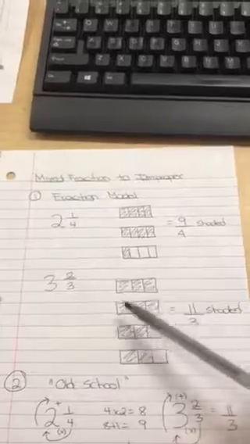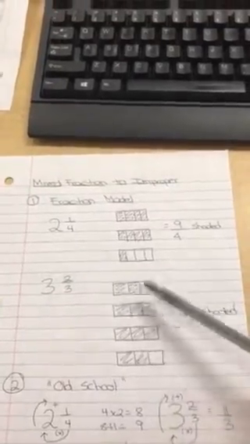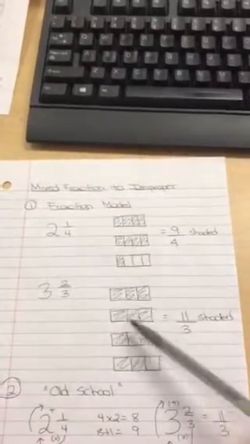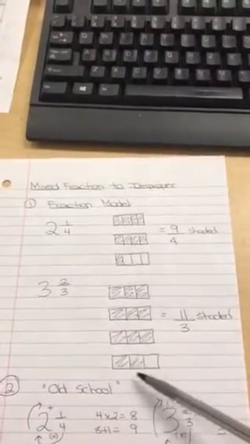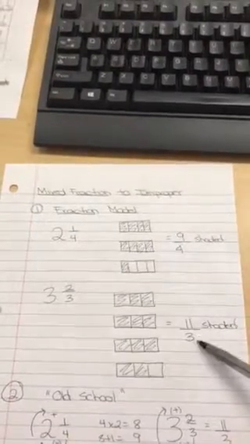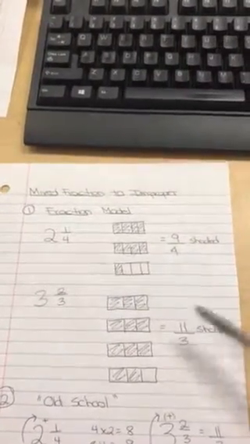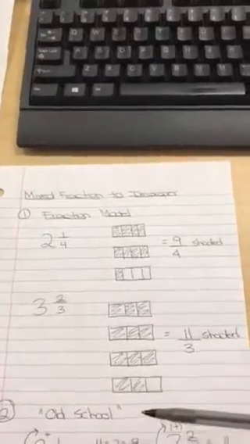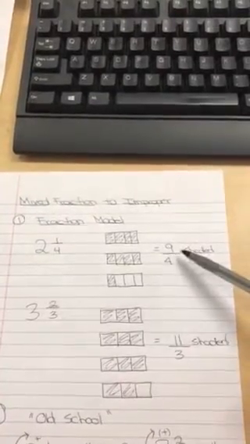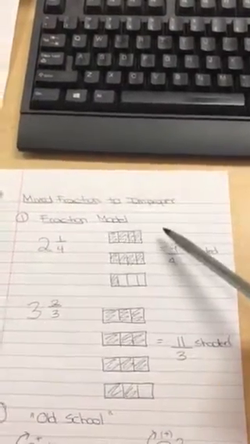So again, I draw them out, I break them into thirds, and then I literally shade what it shows. 3 and then 2/3. And then when I count, it's going to be 11 thirds. Okay, so again, I show this strategy first, just so again, they can understand where I'm getting the numbers from. Okay, that's important for them to have that understanding.